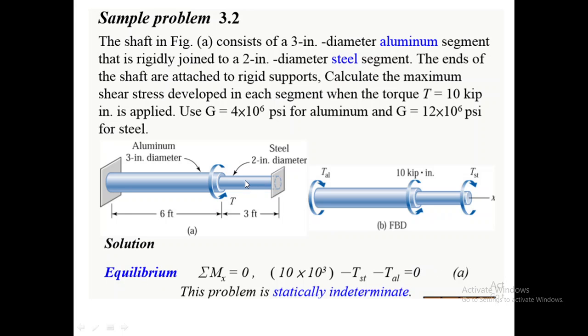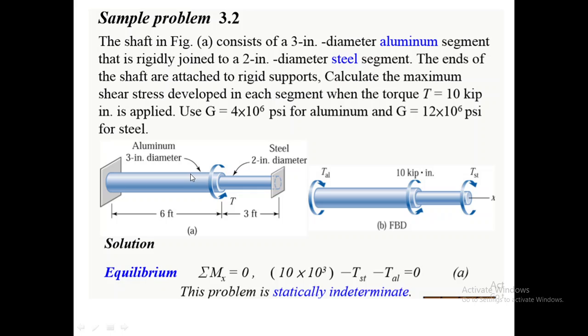So here, until now we discussed the straight shafts and we solved some problems on the straight shafts with constant diameter. In particular applications, we have shafts like this, which are called stepped shafts.